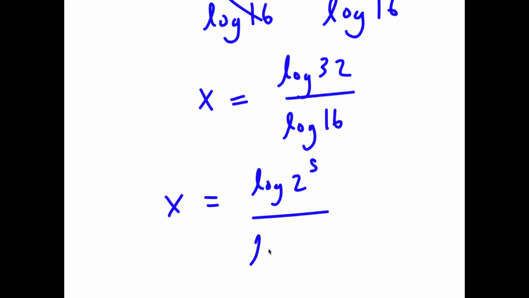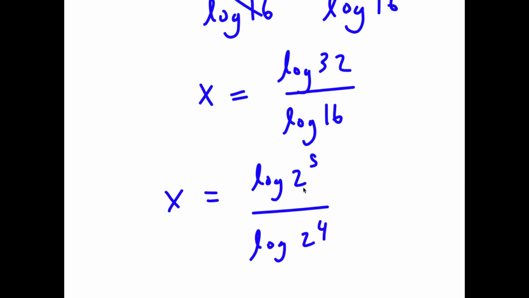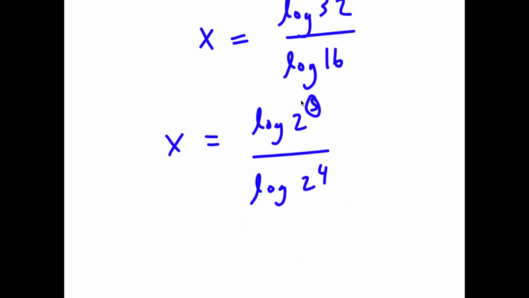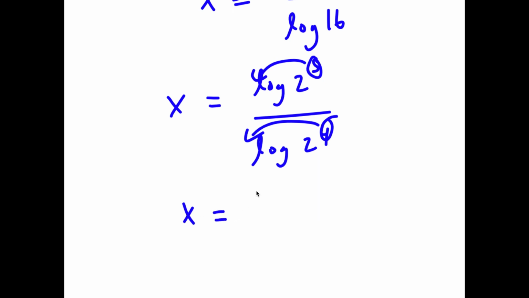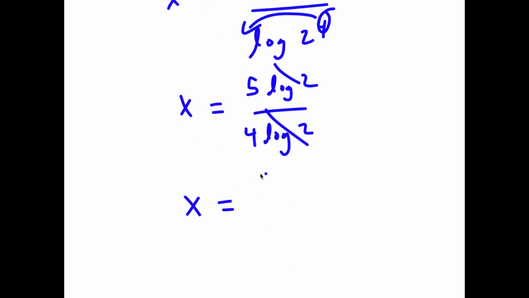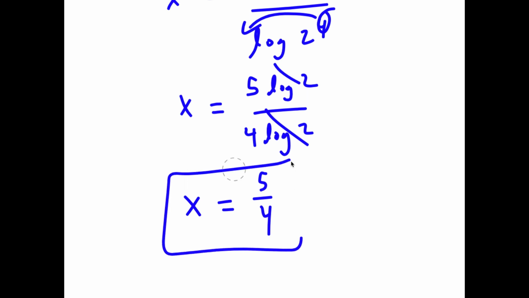Log 16, that's the same thing as log 2 to the power of 4. Now remember, if I have something in the form log a to the power of b, I can move my exponent to the front. So now I have 5 times log 2 over 4 times log 2. Now these two log 2's can cancel out, so I'm left with x equals 5 over 4.